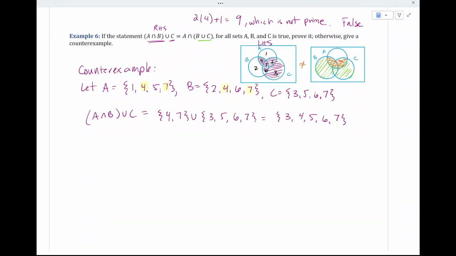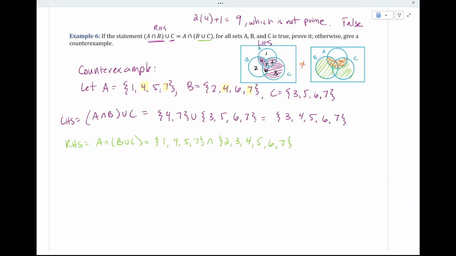Well, let's take a look at the right-hand side. This is my left-hand side. My right-hand side is A intersect (B union C), which is A, that's {1, 4, 5, 7}, intersect B union C, which is {2, 3, 4, 5, 6, 7}.